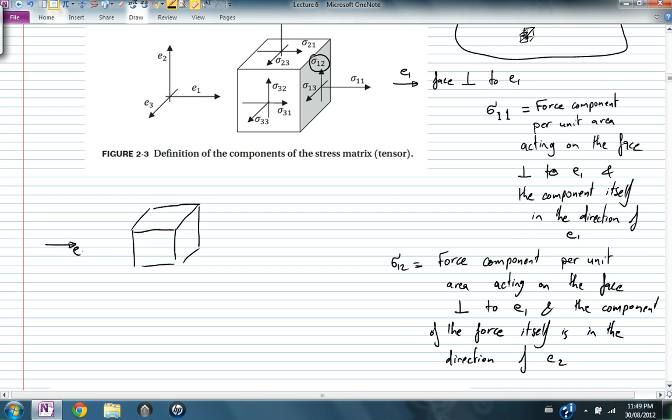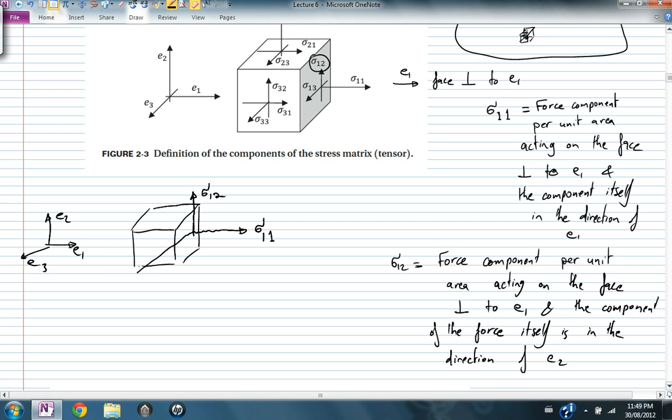So basically, if this is E1, this is E2, and this is E3, I call the force per unit area in this direction sigma acting on face 1 in the direction 1. I call the force per unit area in the vertical direction sigma acting on face 1 in the direction 2.